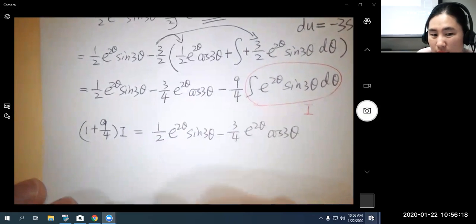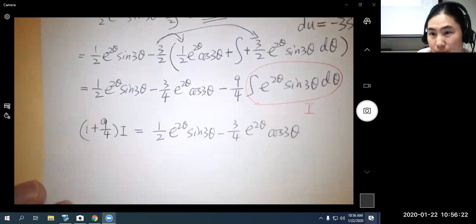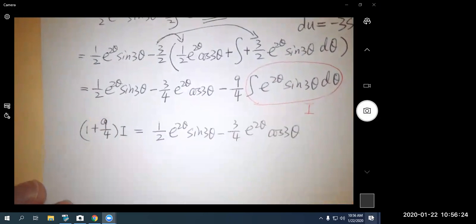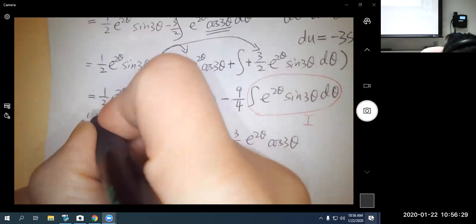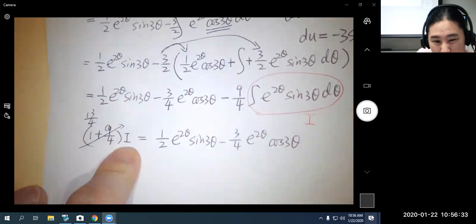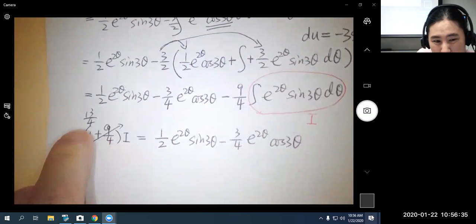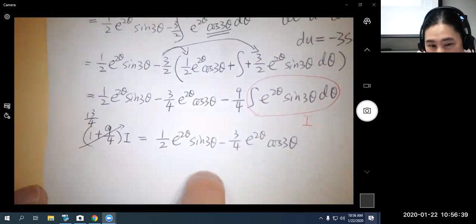What is 1 plus 9/4? What is this coefficient? 13/4. So in order to isolate I, we should multiply both sides by 4/13.